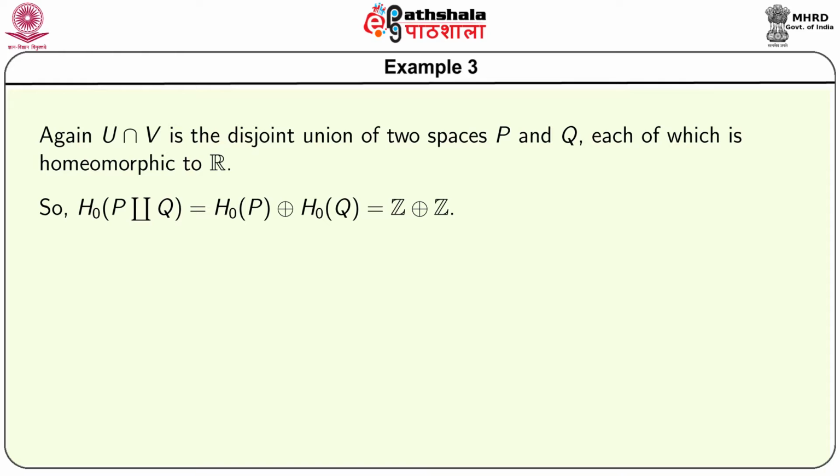So, the disjoint union has the 0th homology group equal to H0(P) direct sum H0(Q), and that is equal to the direct sum of the infinite cyclic group Z with itself.